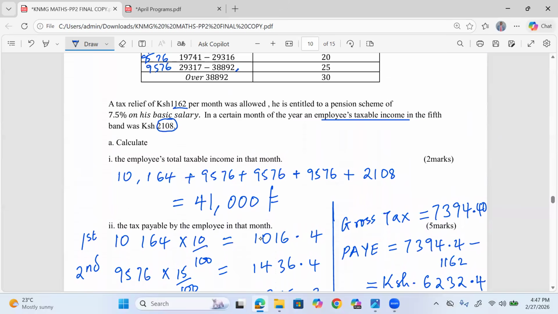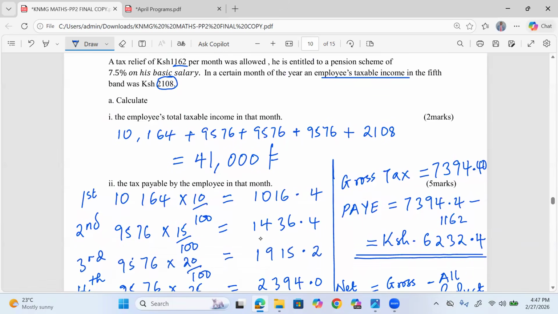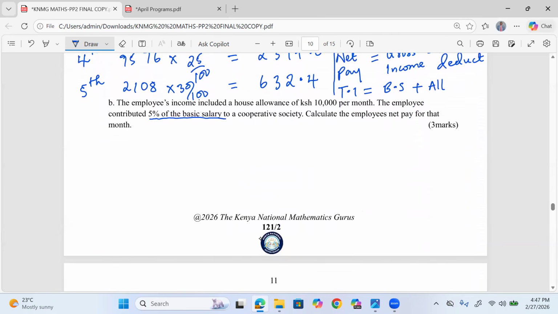So taxable income, which we will treat as our gross income, is given by basic salary plus allowances, the house allowance. We don't have any other allowance, but we subtract 7.5% of the basic salary, which is not part of the taxation.